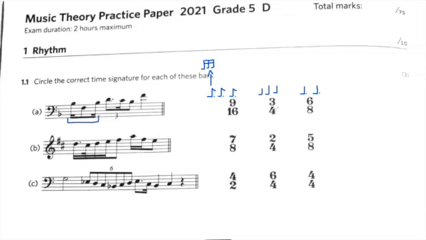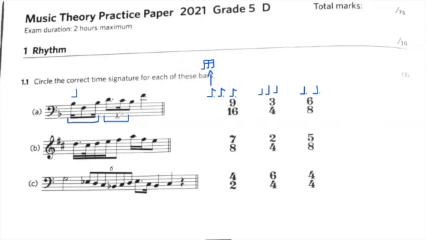If we take a look at 3/4, it's 3 crotchets in a bar. This one here does indeed add up to a crotchet. Next we have a triplet. With these tuplets, sometimes we can isolate them and figure them out first.